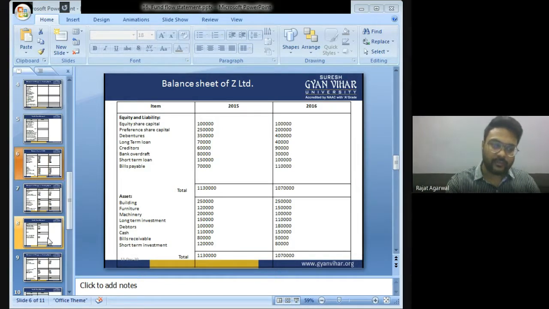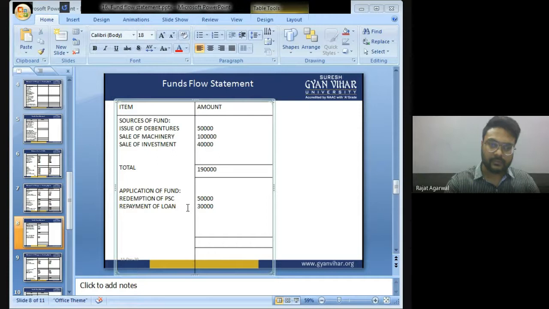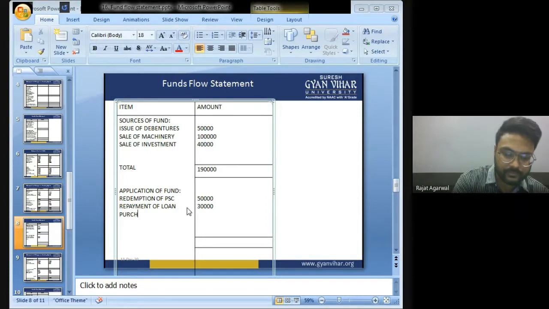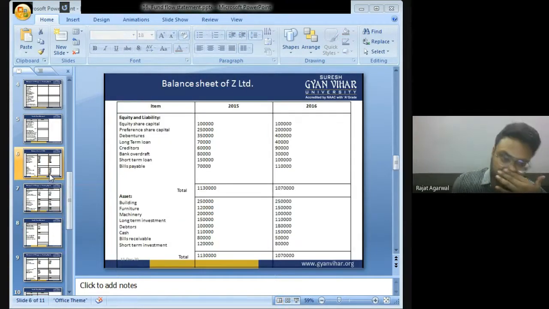Application of fund: purchase of furniture 30,000. Machinery we have considered in sources of fund. Long term investment we have also considered in sources of fund. Now debtors, cash, bills receivable and short term investment, all these are current assets, we will not consider.